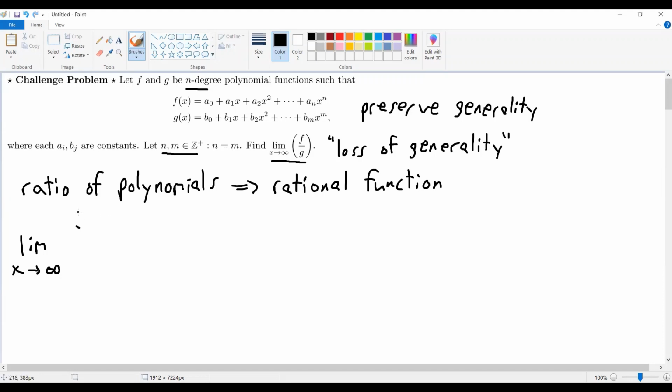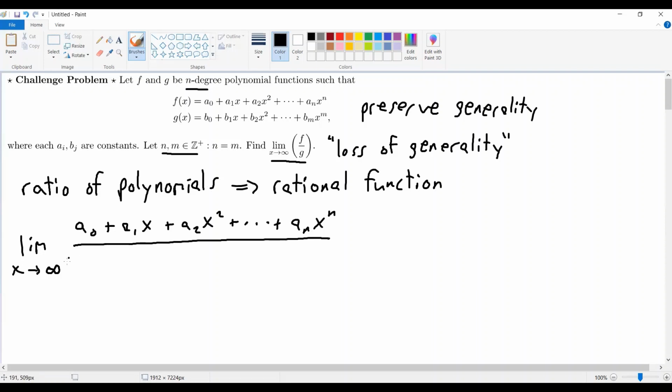So f of x is the polynomial a0 plus a1x plus a2x squared, etc. And we have up to the nth term. And then g of x is b0, b1x, b2x squared, so on and so forth. We have the same number of terms. That's what's important, is that since n is equal to m, I can substitute in the n here.